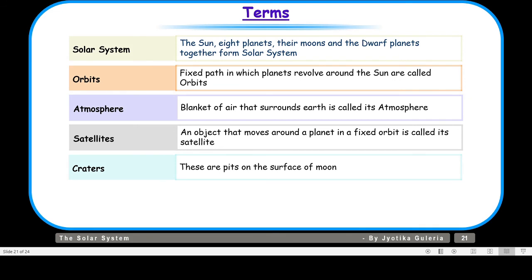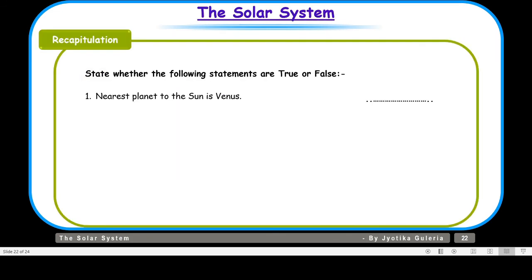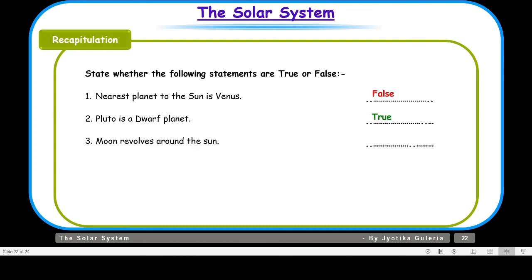So children, with this let us move on to the recapitulation section to see how much we have understood. The nearest planet to the sun is Venus. This is false. We know that it is Mercury. Pluto is a dwarf planet. That is true. Moon revolves around the sun. That is false.